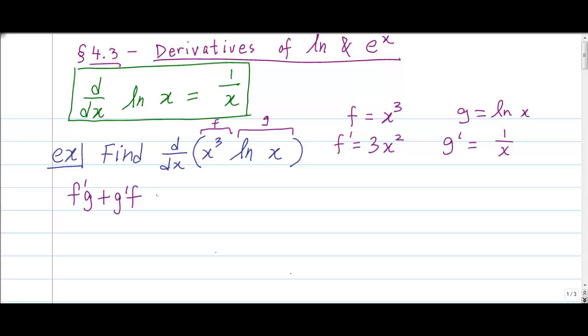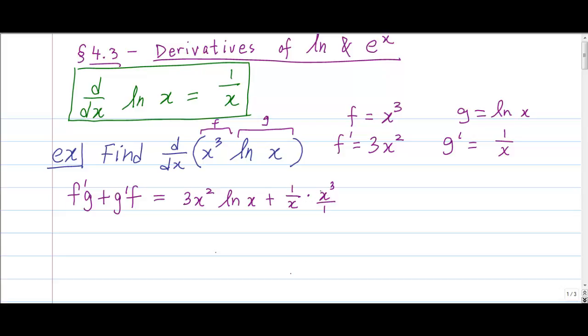Okay, so now we're going to do f prime g. F prime is 3x squared times g, which is natural log of x, plus g prime, which is 1 over x, times f, which is x cubed. Okay, now we can simplify this a little more. I know x cubed is the same thing as x cubed over 1.